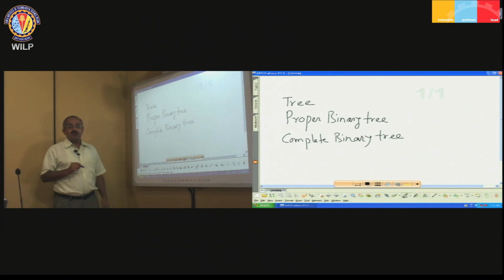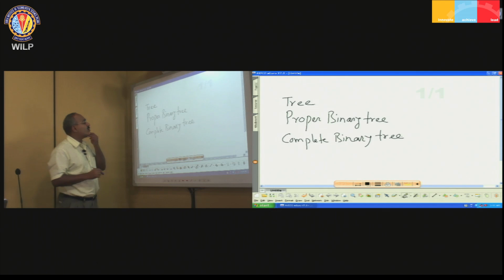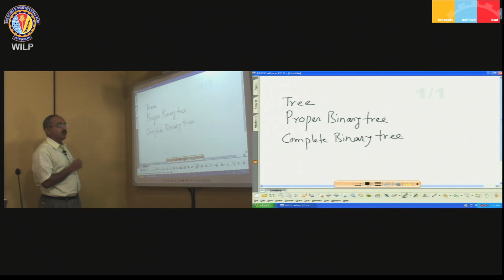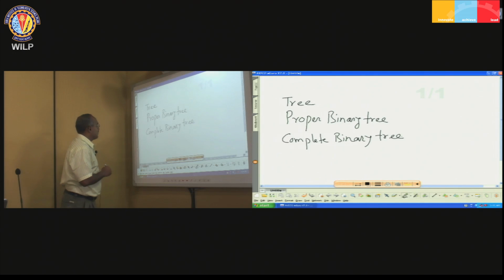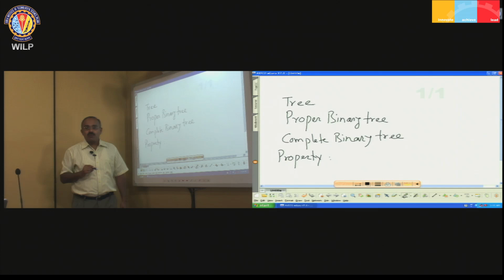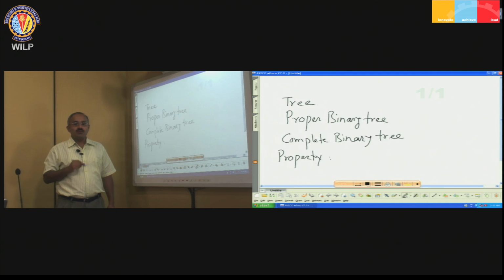We also saw some properties of a proper binary tree. There is another property which is going to be useful, which I am going to state now, as we are going to use trees for the sorting procedure. The property is, if I look at the number of external nodes in a proper binary tree, it is always one more than the number of internal nodes.